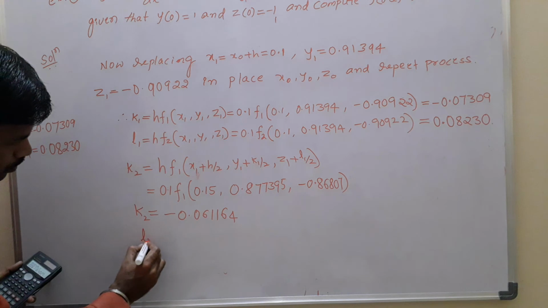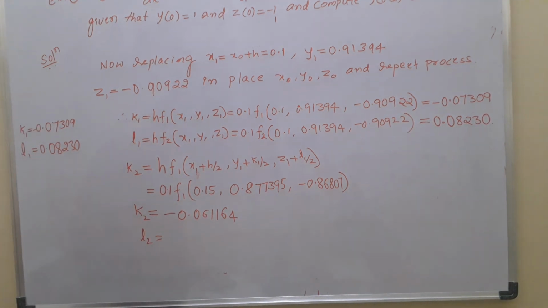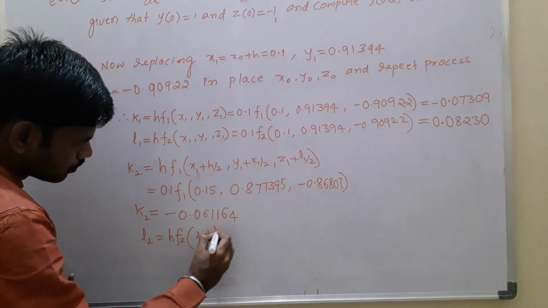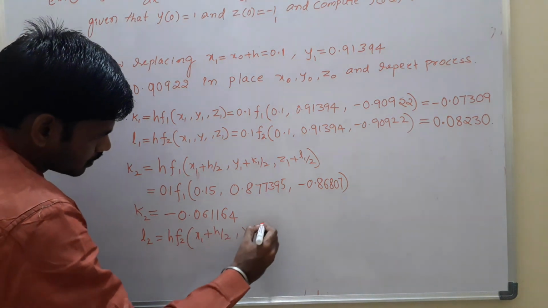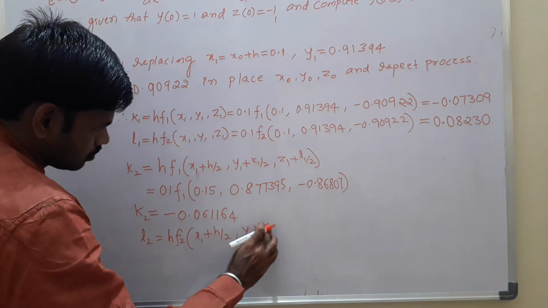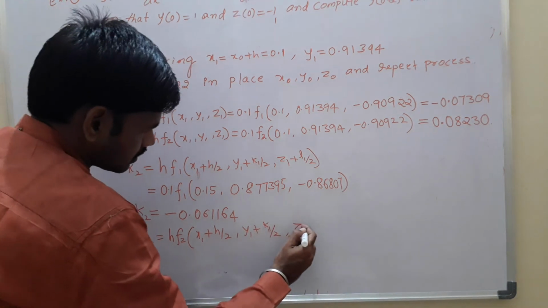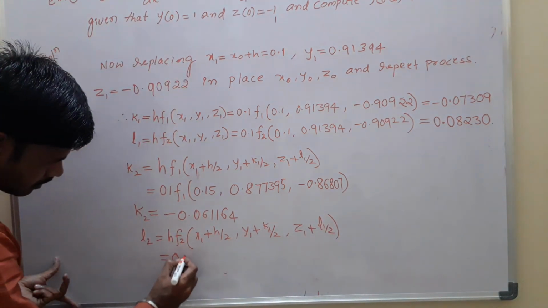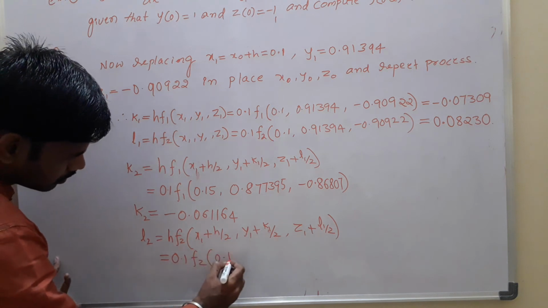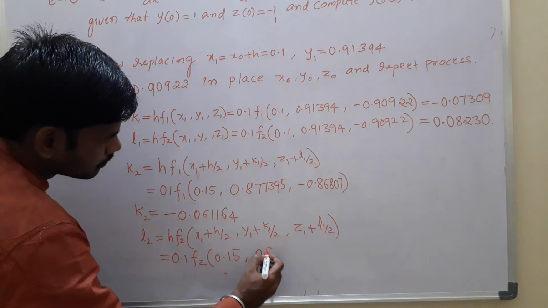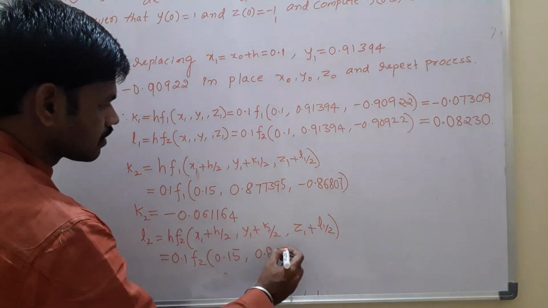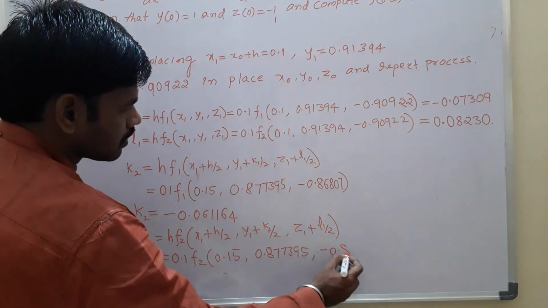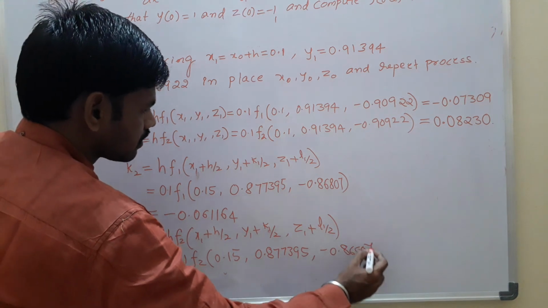And L2 equal to h into f2 of x1 plus h by 2, y1 plus k1 by 2, z1 plus L1 by 2, that is 0.1, 0.15, 0.877395, minus 0.86807.